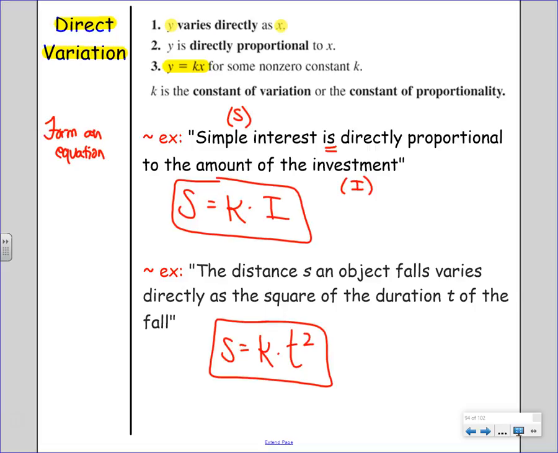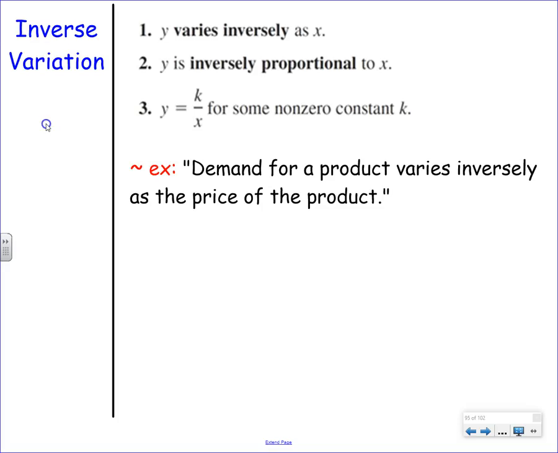Does that make sense? Gotta read carefully. This is S. Okay, use S. Varies directly. Okay, so equals K times. That's that varies directly relationship. And then the square of the duration T squared. Is that how easy homework is? Not even close. But that's the beginning.